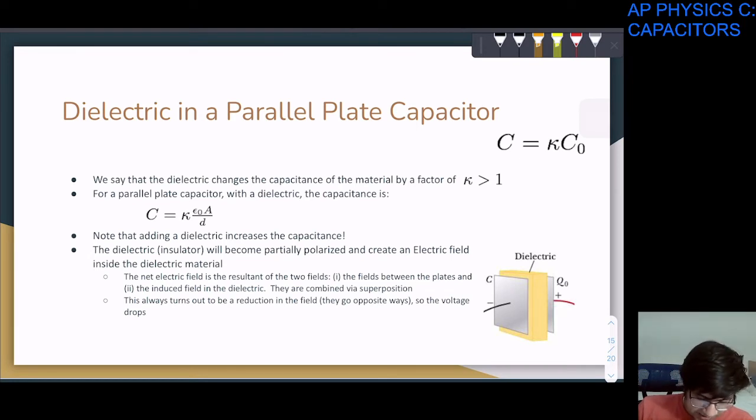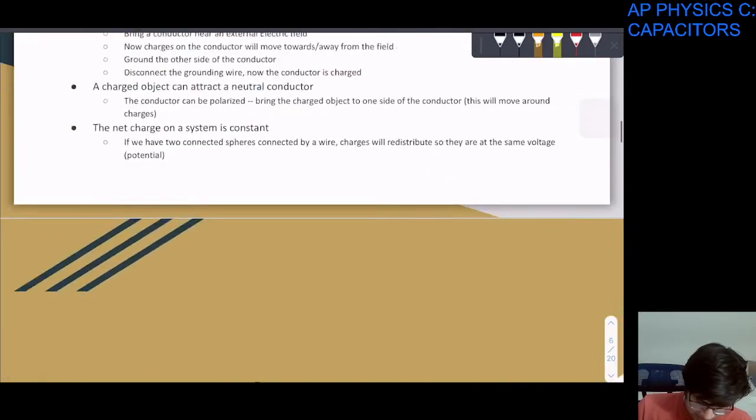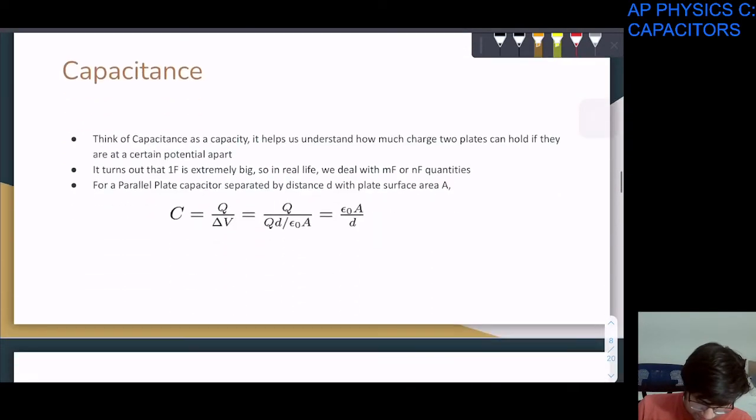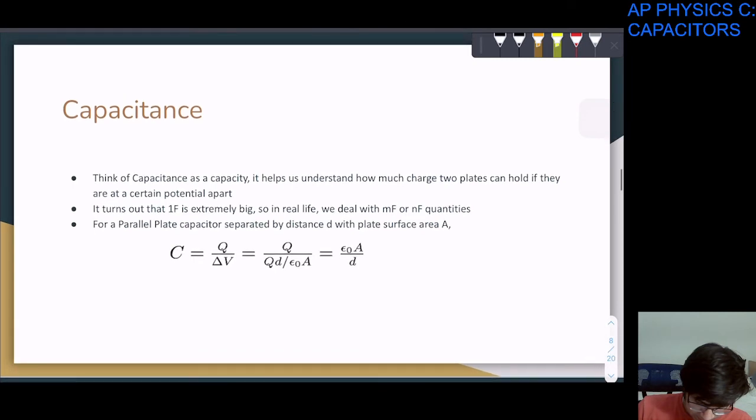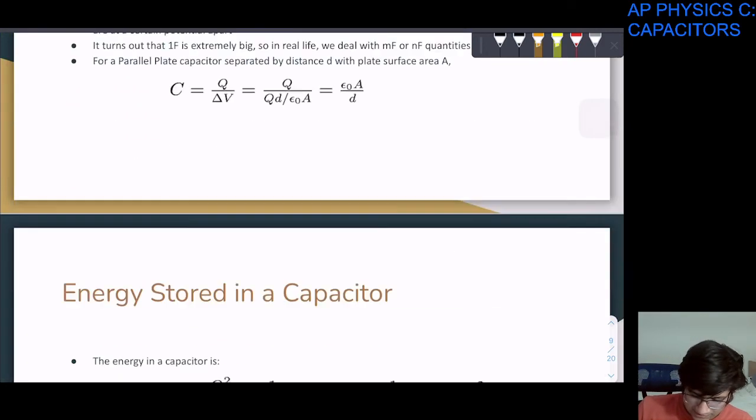So for a parallel plate capacitor with a dielectric, the capacitance is given by kappa times epsilon 0 A over D. If we go all the way back up to conductors and capacitors, we have C equal to epsilon 0 A over D. Because the capacitance is multiplied by a constant after inserting the material, this is also multiplied by that same constant. So it carries through.